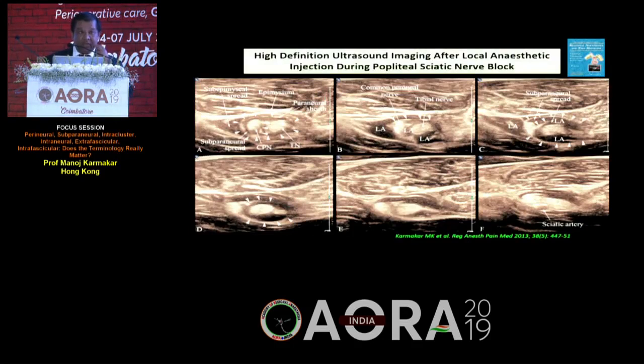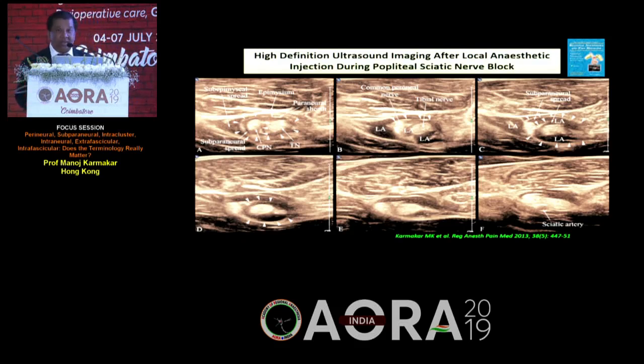Using high-definition ultrasound after the injection, this sheath becomes much better visualized. You can see that the perineural sheath is actually like my trousers, if you may. If I inject on the proximal part of my trunk, it divides into a part that surrounds the common peroneal and the tibial nerve. The common peroneal is the nerve to your left in each of those images, and the tibial nerve, being larger than the common peroneal nerve, is to your right.